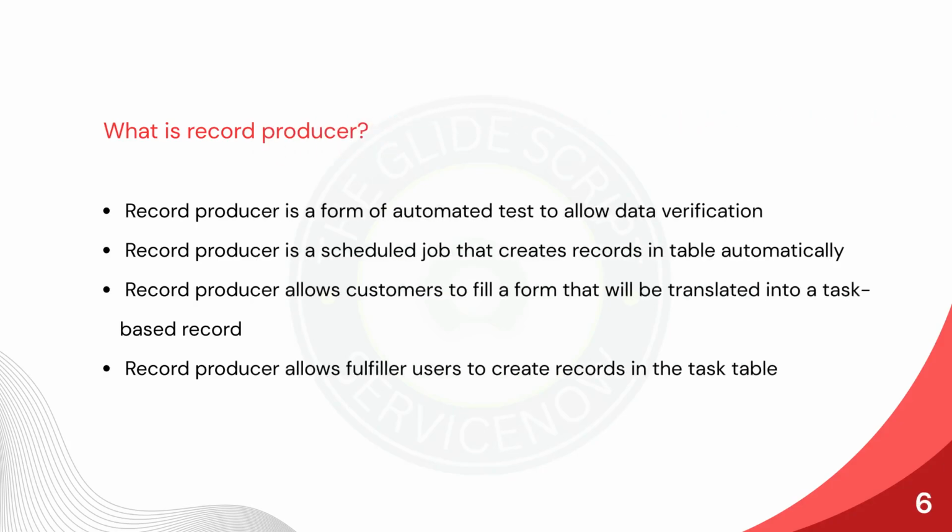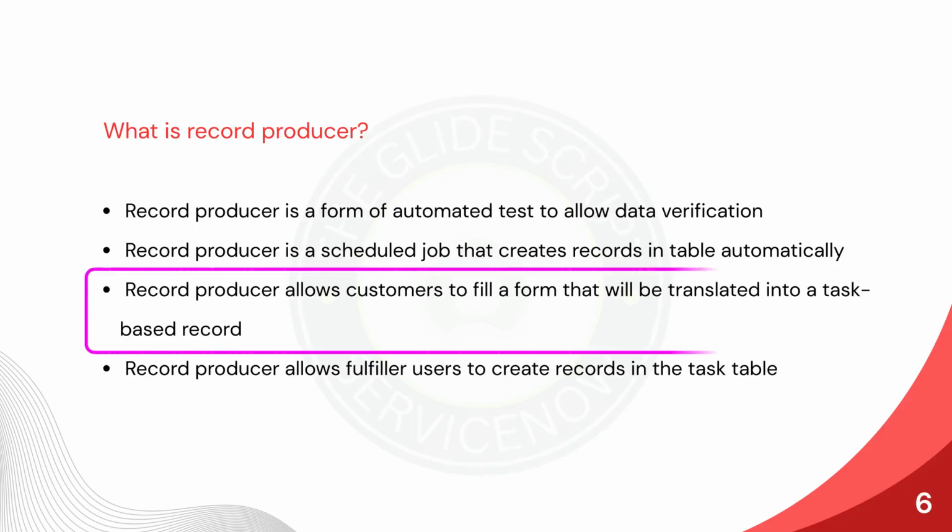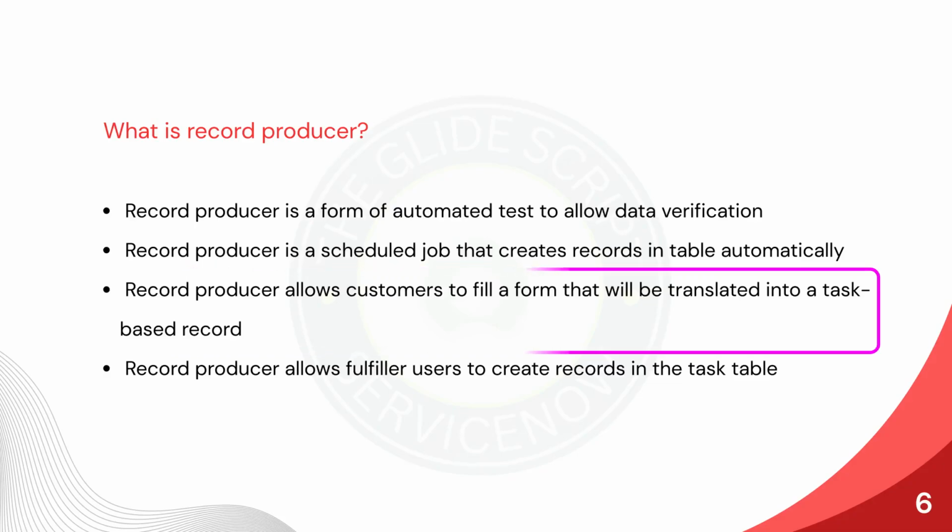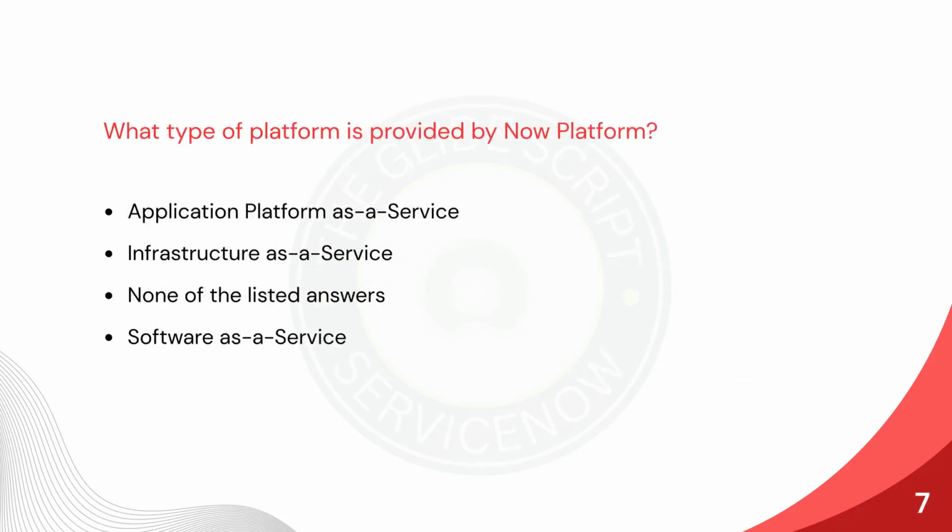What is Record Producer? Record Producer allows customers to fill a form that will be translated into a task-based record. So as we know, the Record Producer is a task-based record, so option number 3 is the correct one. What type of platform is provided by Now Platform?